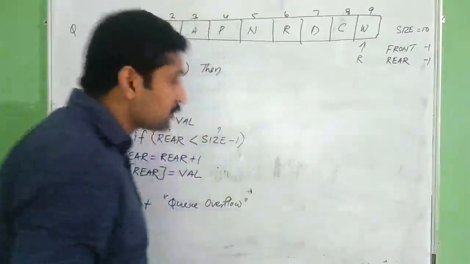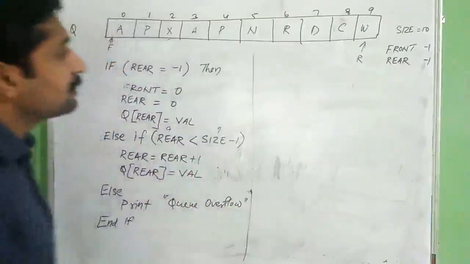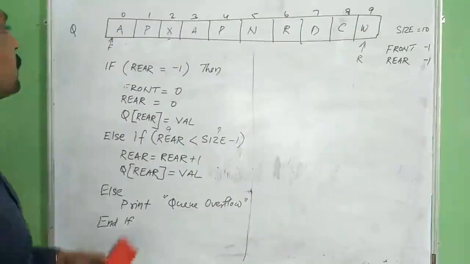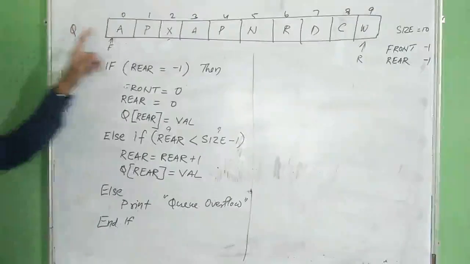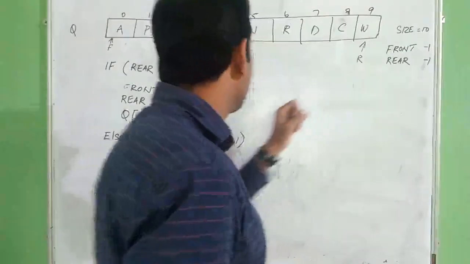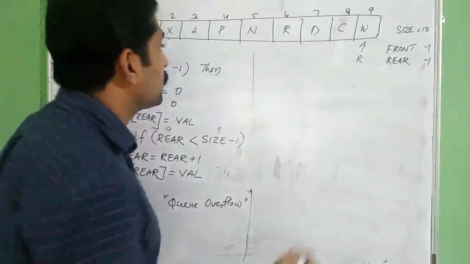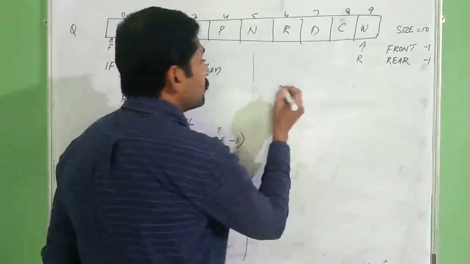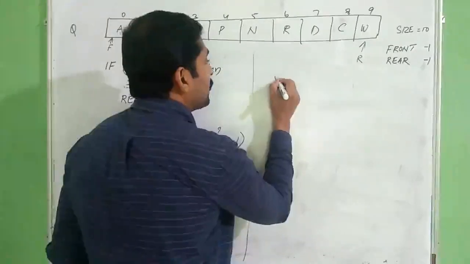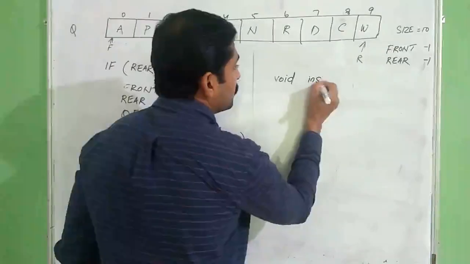So this can be converted into C++ code, something like this. The queue is a global array, size is a global variable, front and rear are global variables, and suppose we want to insert an item into the queue. So what we have to do? We are writing void insert.